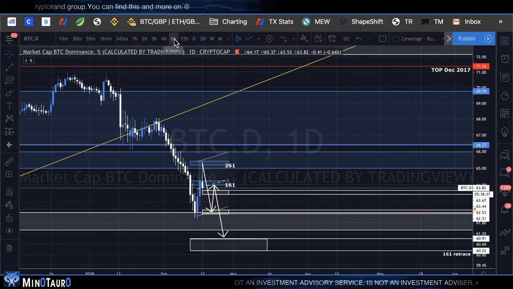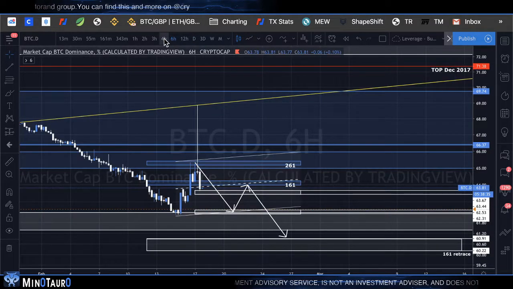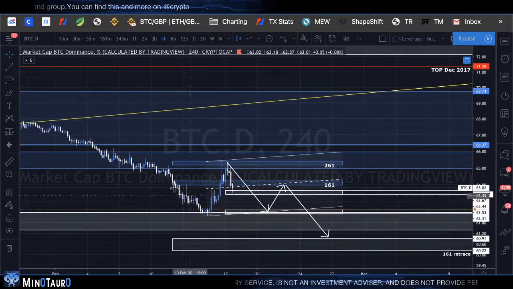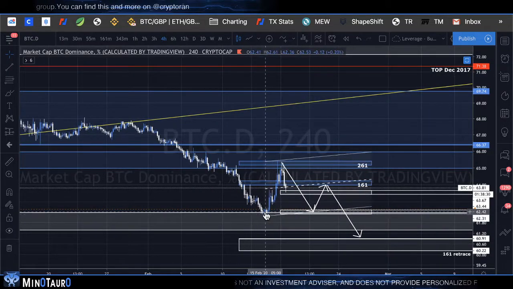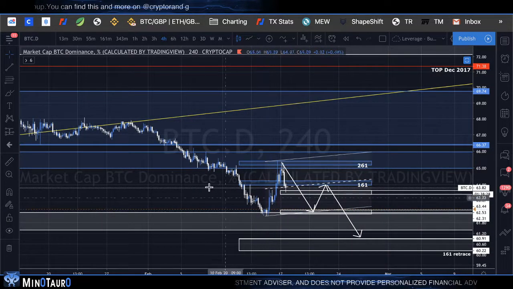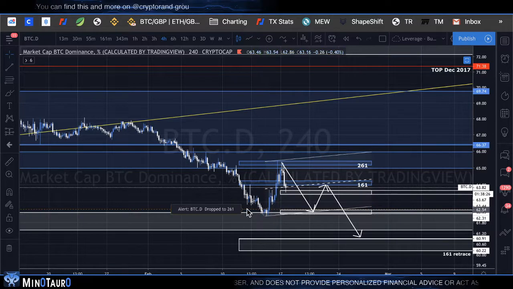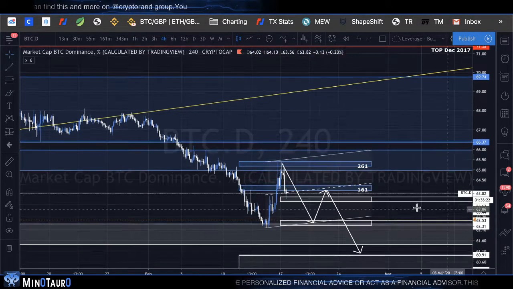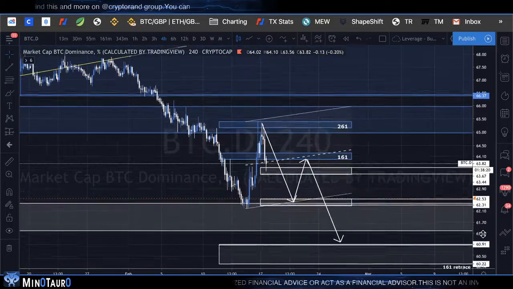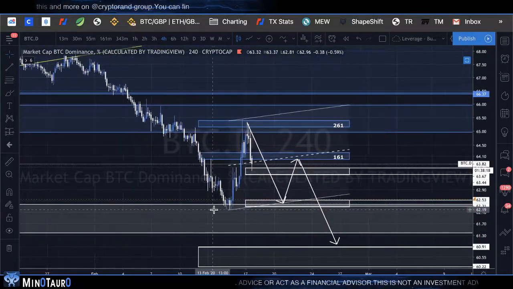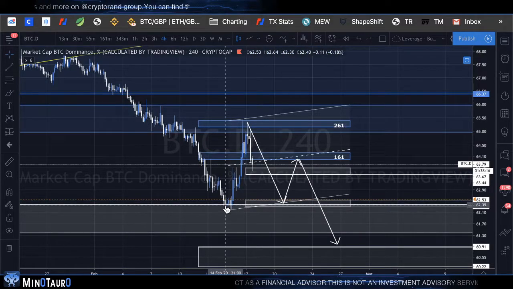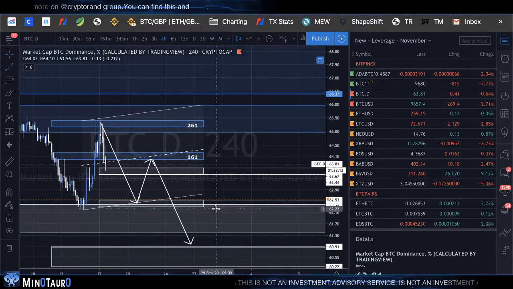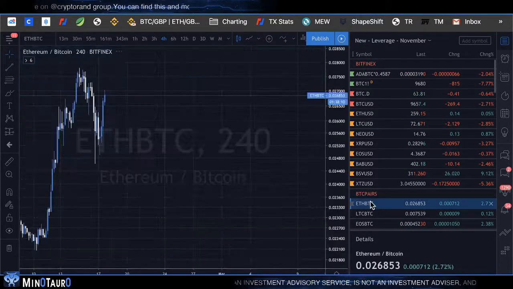As soon as you reach the 261 it reverses, because it bounces up or down at 261 levels usually. That's the standard of the index. As soon as you go 261, something happens.